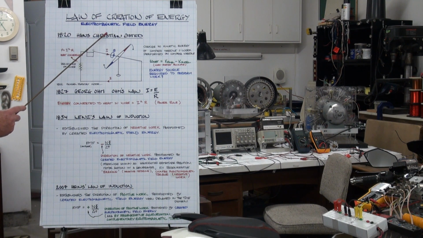So Ørsted discovered the law of creation of energy in 1820. Faraday used the law of creation of energy in 1822 to create the world's first electric motor.